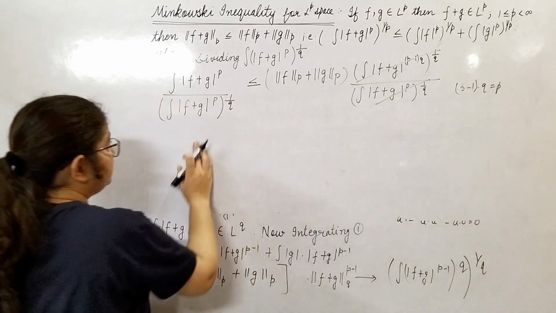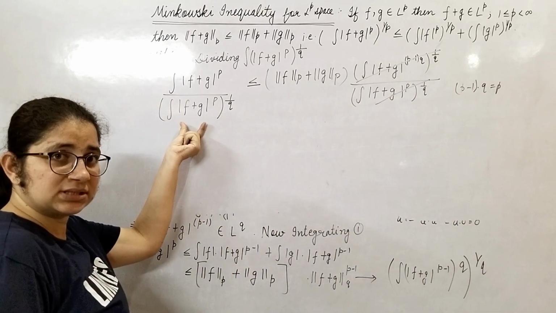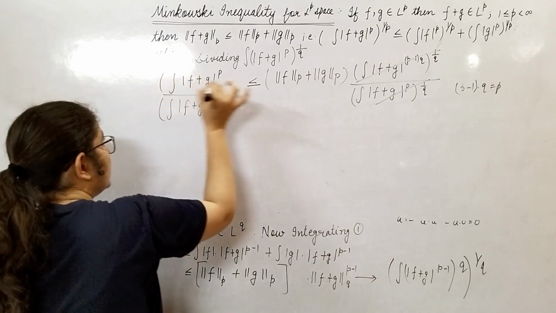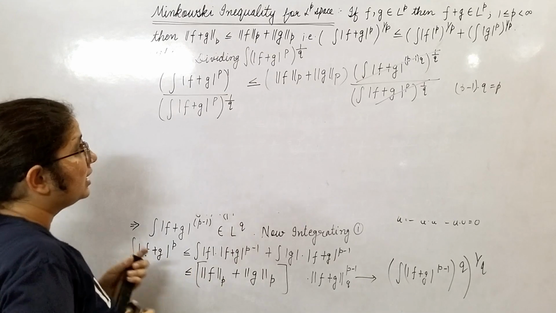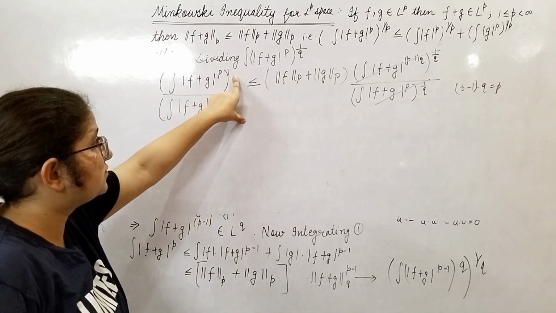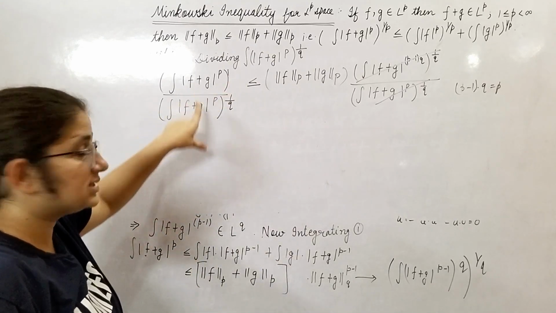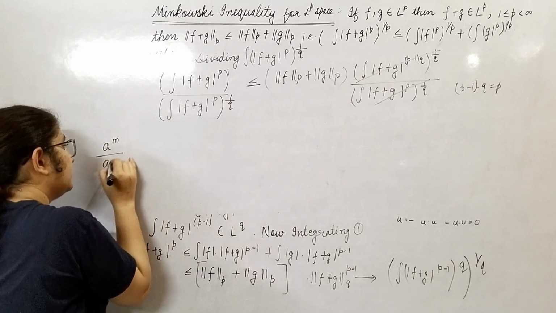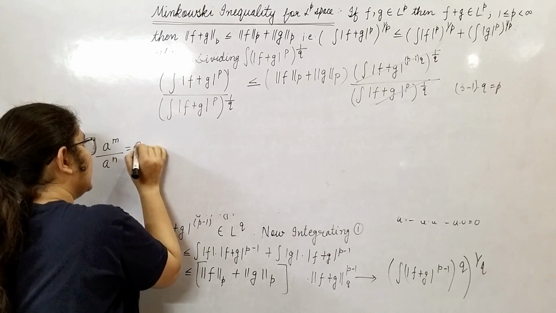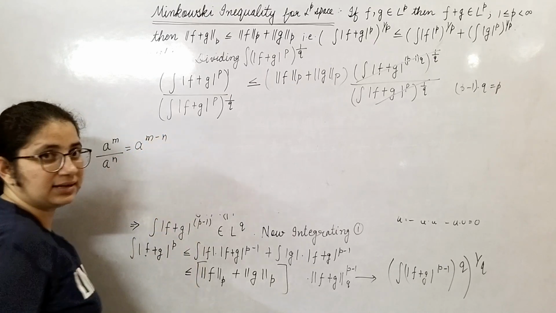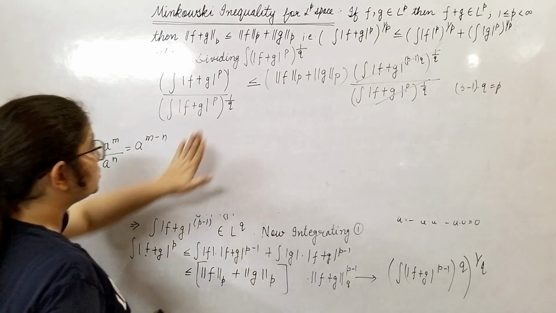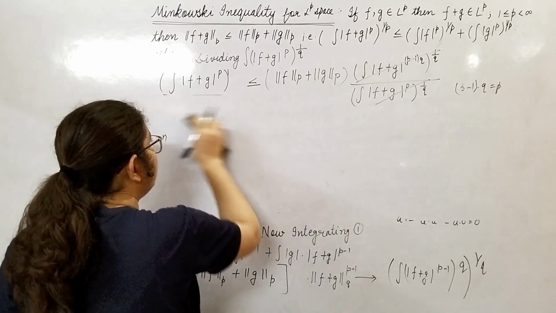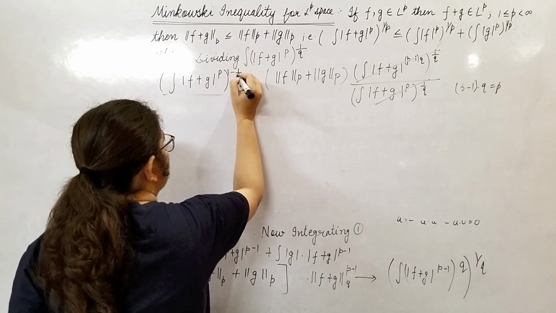Now, this term is equal to this term, just take power 1 here. If you take power as 1, then the bases are the same. If a raised to the power m is divided by a raised to the power n, I can write this as a raised to m minus n. In the same way, I will subtract this power from here.